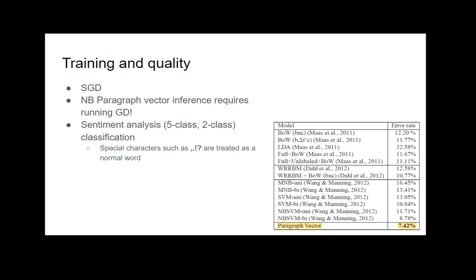Maybe because this task is solved okay with this model, and the model was a sentiment analysis. They had taken 5 class sentiment analysis and 2 class analysis, and compared their models with other models, and they got the best result. Of course, why should they publish if they got not the best result? So this was another approach. So again, we evolved the model and got a beautiful result in some different area.